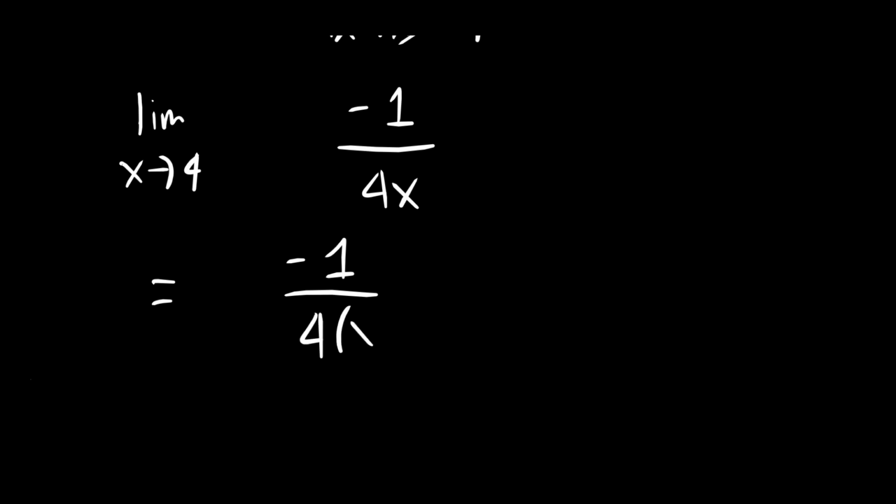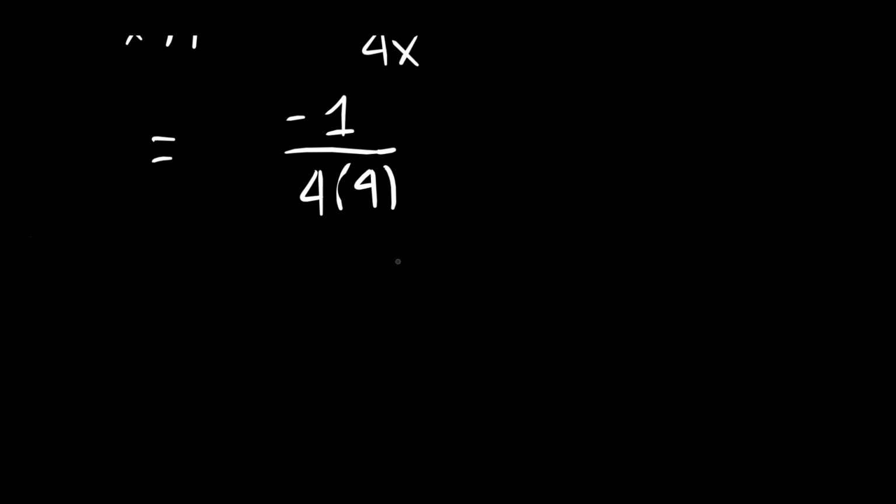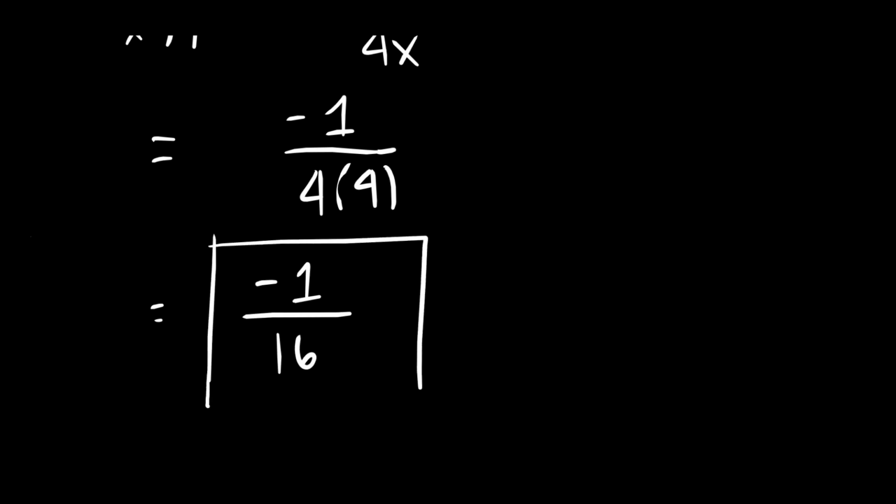So negative 1 over 4 multiplied by 4, right? So the answer will be negative 1 all over 16. So this will be now our final answer.